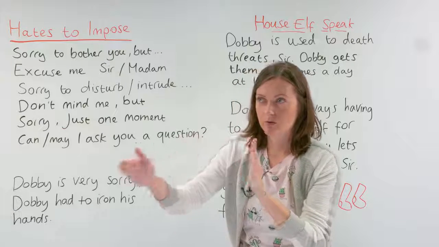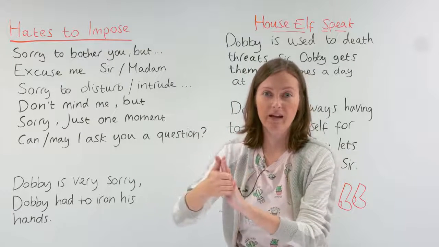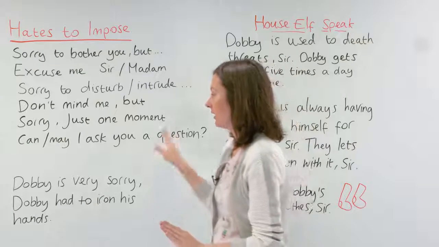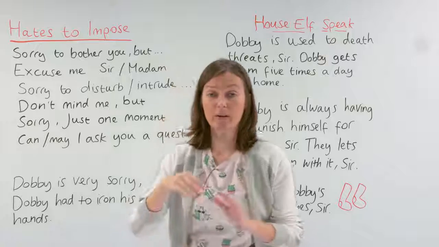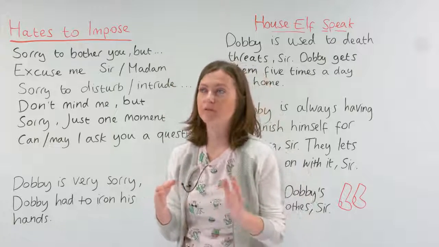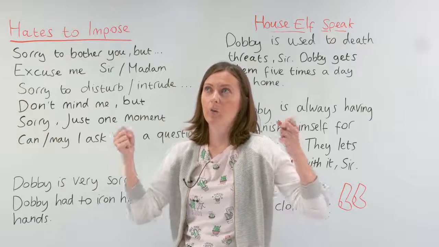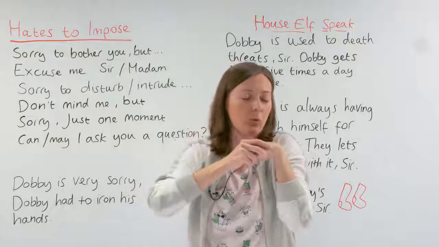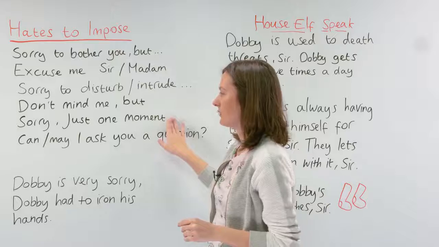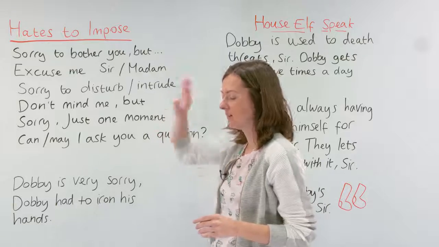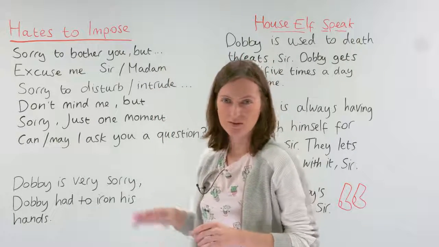And you try and say what it is you want to say quite quickly. But in other situations, if we say, sorry, just one moment, it's because we feel we can only take one moment of that person's time. If we take more than one moment, it's too much, you don't deserve it.